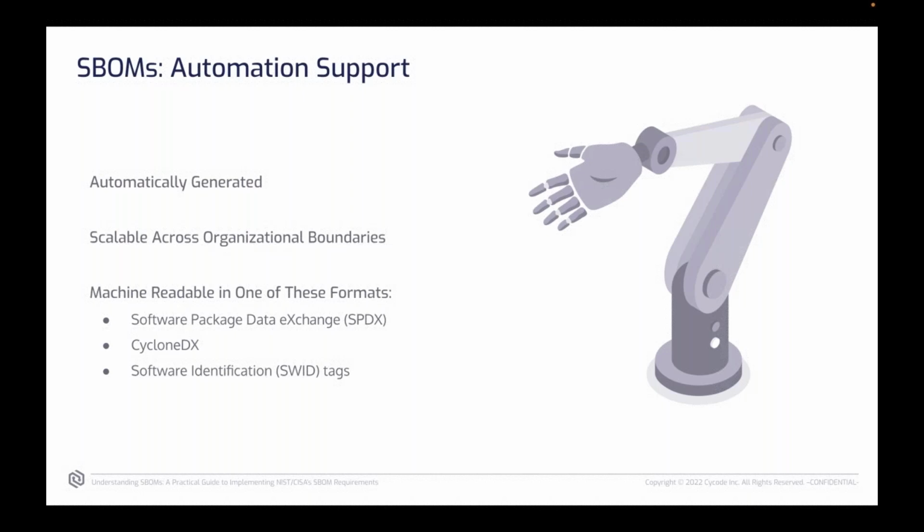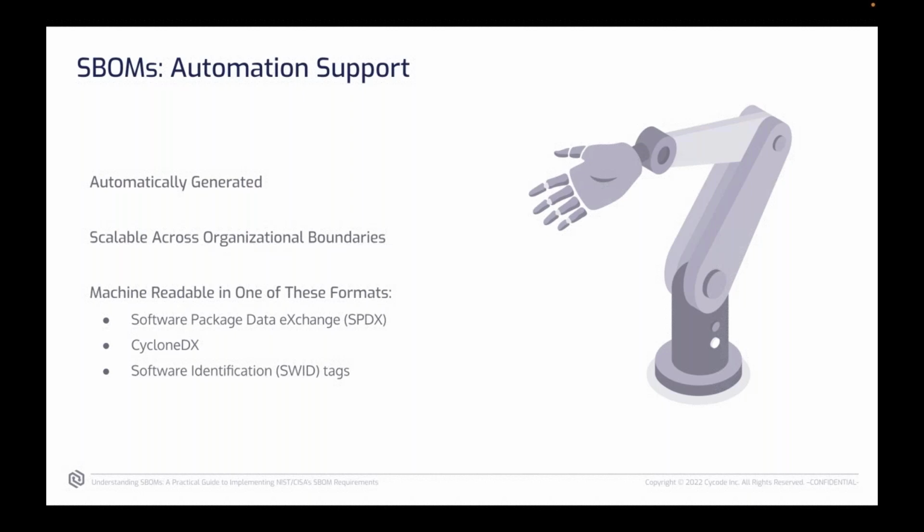When it comes to automation, you need to operate across all of your organization boundaries. So if you have multiple teams working on one project, you need a solution that can grab information from all of the teams to create something that's really comprehensible. And then finally, machine readable.